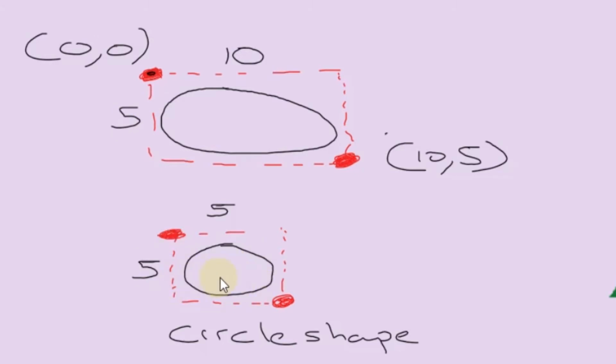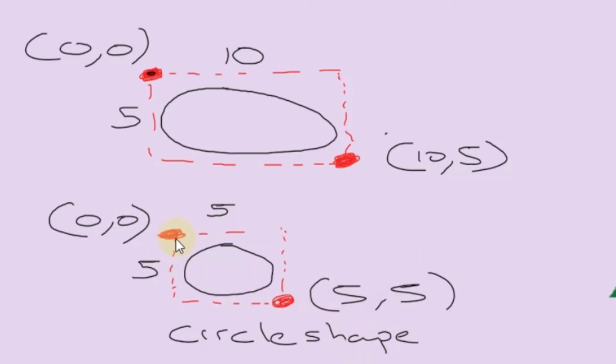If it was this circle, and we used the same coordinates, that would be 0, 0 in the top left-hand corner of the window. And this time we were coming along 5 pixels and down 5 pixels. So just by putting the coordinates in of these two positions, the program can calculate the width of the shape and the height. And if both of these values are the same, then you're going to produce a circle shape.